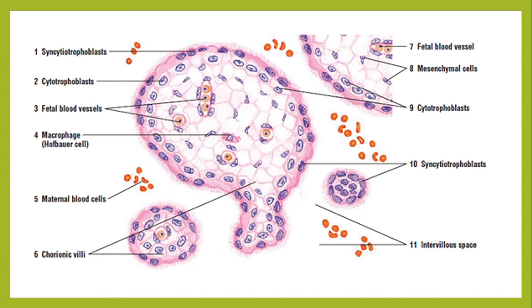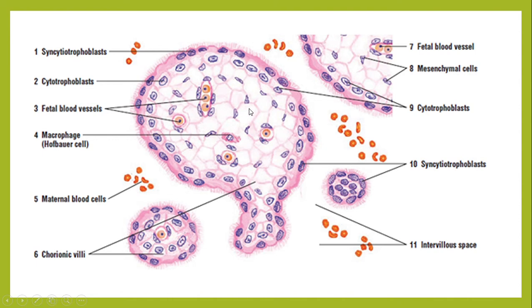One is fusiform mesenchymal cells, differently shaped mesenchymal cells. Along with that, there are macrophagic cells which have a phagocytic action. These macrophagic cells are named Hofbauer cells. Macrophage cells and the different types of mesenchymal cells can be seen at this region.